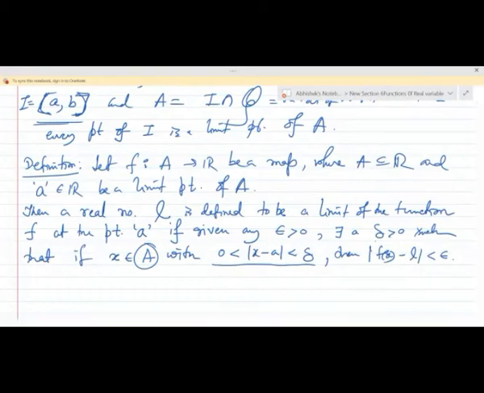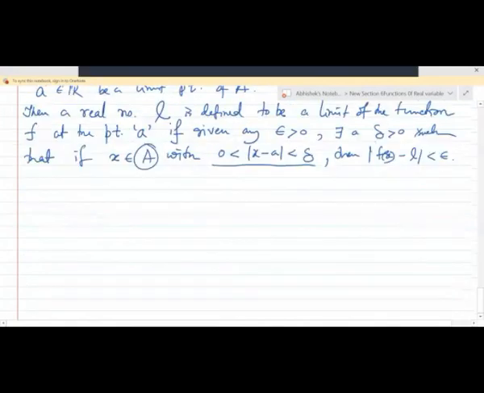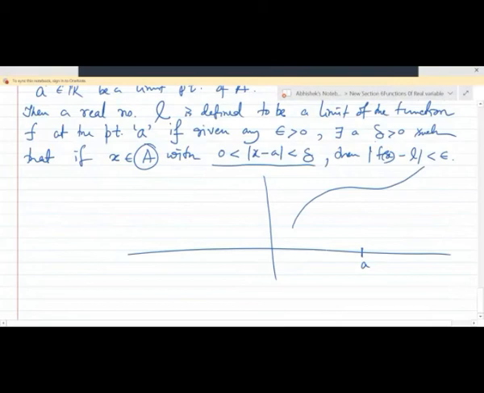Suppose this is your A, and you are plotting the function on the plane.